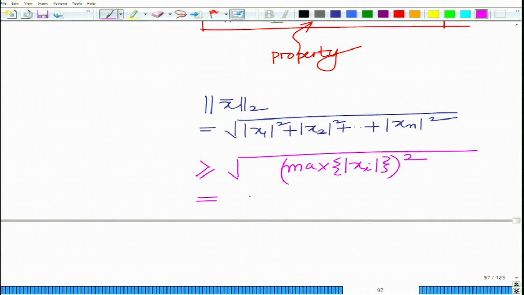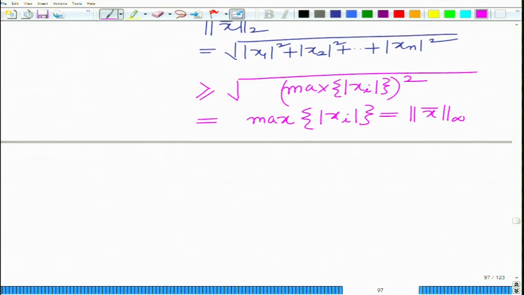If you take the square root, all you are left with is the maximum of magnitude xi, which is nothing but the L infinity norm. So, this basically shows that your L2 norm is greater than or equal to the L infinity norm.